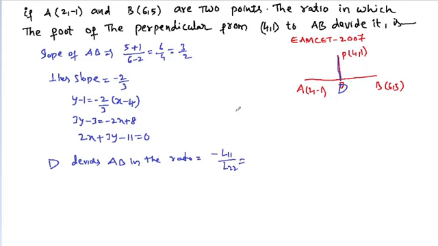That means substituting a point in this line, that is minus of (2 into 2 plus 3 into minus 1 minus 11) by L22.